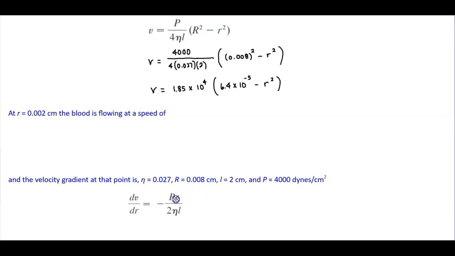Now we want to find the velocity when r is equal to 0.002 centimeters.